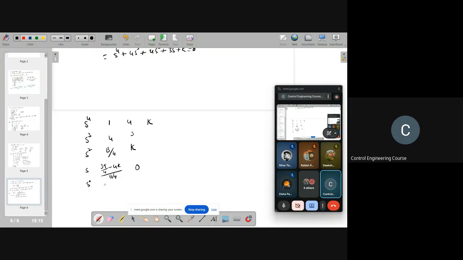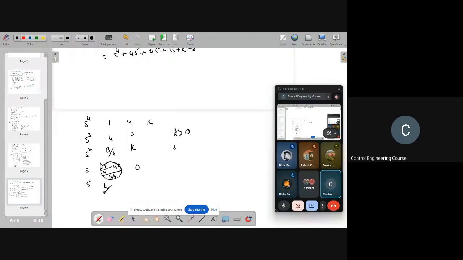And here it will be K. So now what is the condition for K such that this entire first column will be positive, that means there are no sign changes? K should be greater than 0 based on this element, and the other one is this should be greater than 0.